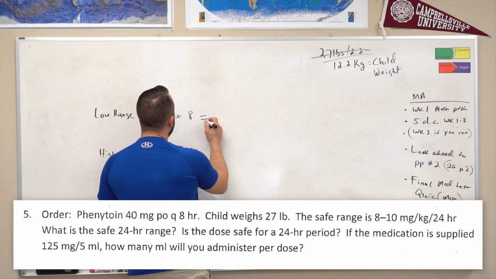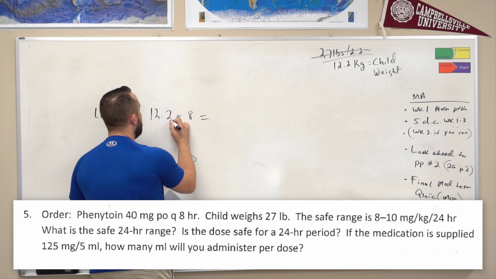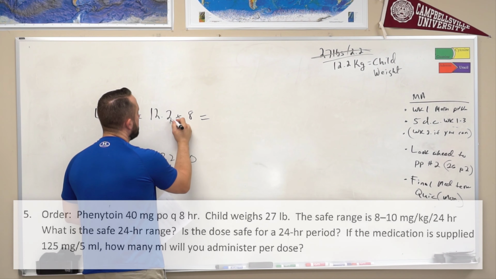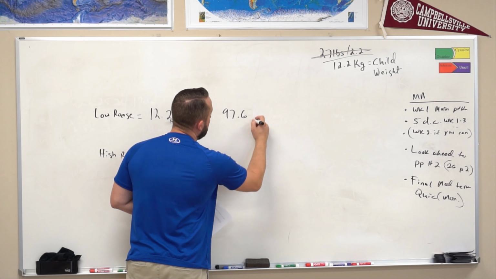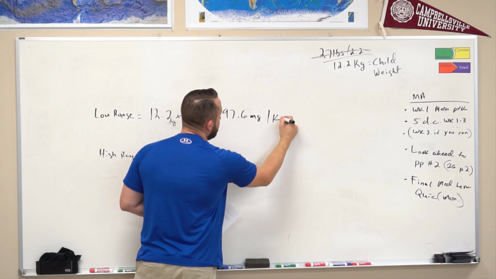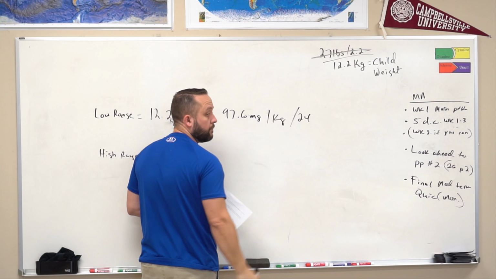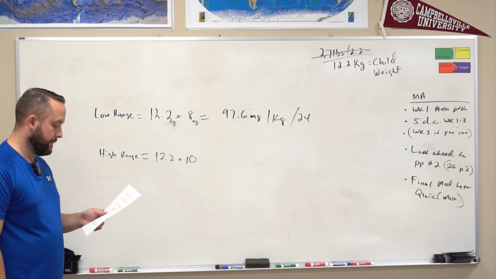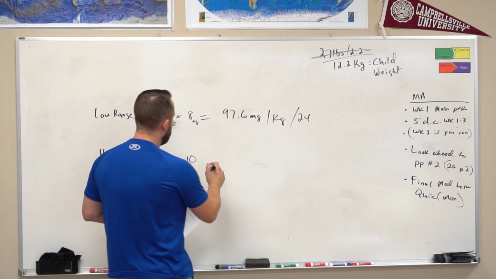Or milligrams. Well, we need to start putting our units up here: milligrams per kilogram per 24-hour period. And what's the high end? 12.2 times 10 is 122.